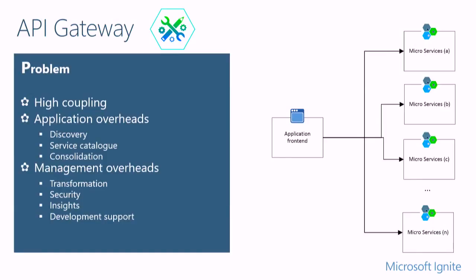This leads to a lot of complexity around managing these services, right? The complexities are basically twofold. One, to the application which is actually consuming the microservice. They'll have to figure out where the microservices are deployed, discovery of the microservices, and then they have to catalog the microservice and then use those microservices, stitch them together to achieve an end-to-end business scenario.